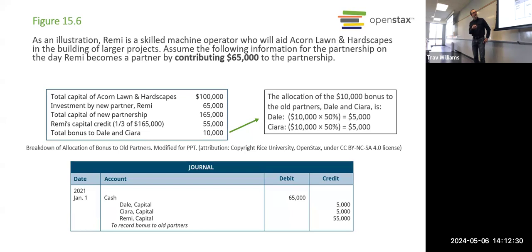Each partner gets $55,000 of capital, which means that $10,000 from Remy's contribution is a bonus to the 2 existing partners. So Dale's capital goes up by 5,000. Ciara's capital goes up by 5,000. Remy gets $55,000 of capital, even though he paid 65,000.